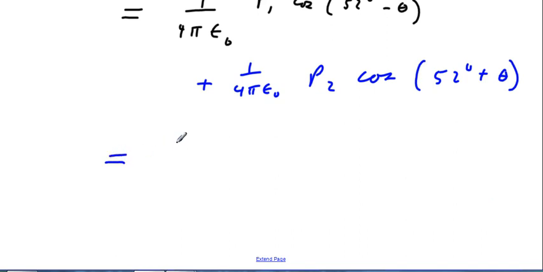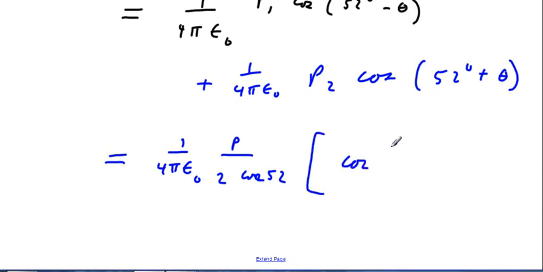So I've got 1 over 4 pi epsilon naught R, P over 2 cosine of 52, times cosine of 52 minus theta plus cosine of 52 plus theta.